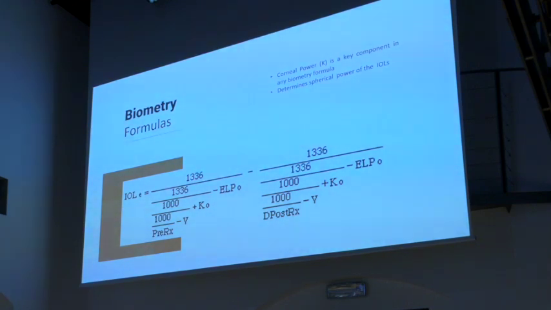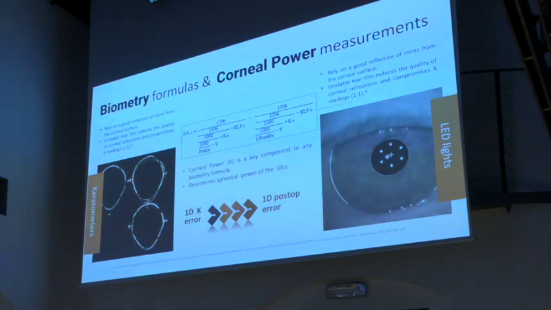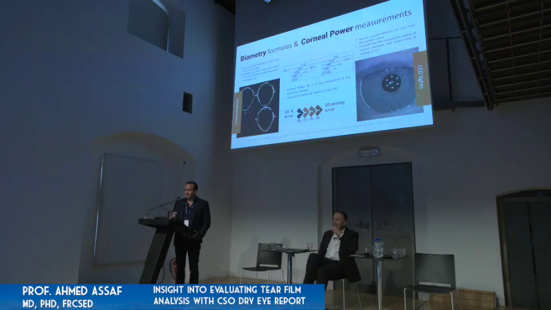And the biometry, when you are going to calculate the power of the lens, depends very much on the K readings, and the K readings are affected by the presence of dry eye. K reading can only be accomplished by reflections, and manual Ks as well as optical biometers rely on shedding some images on the surface of the cornea.